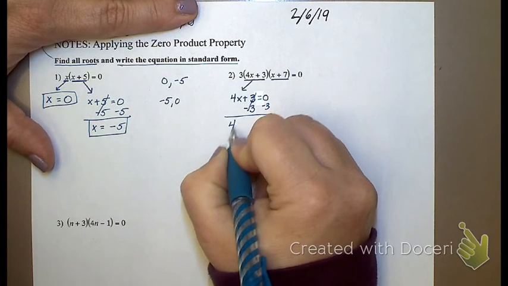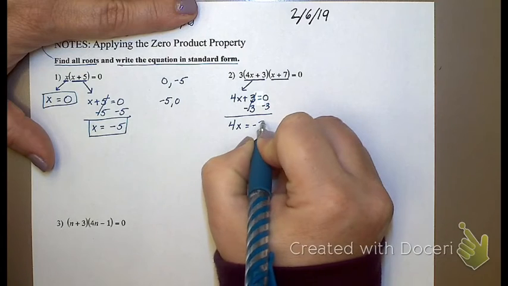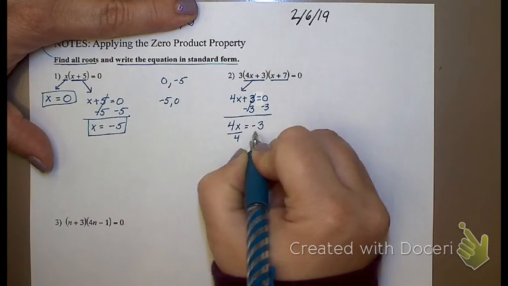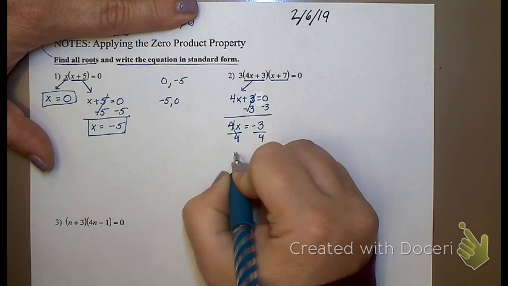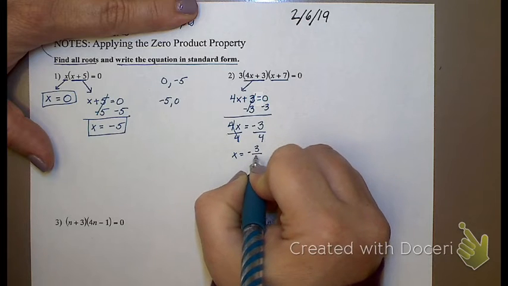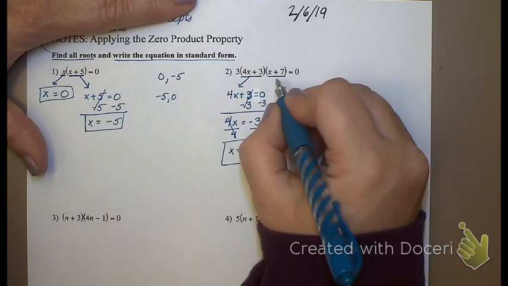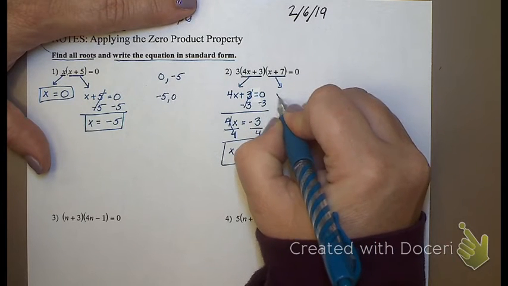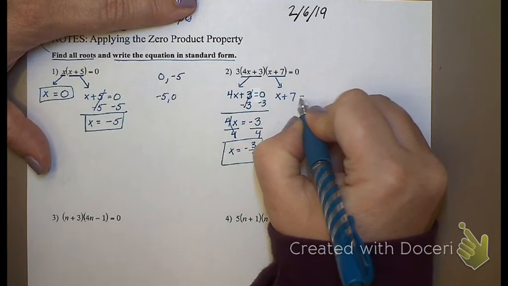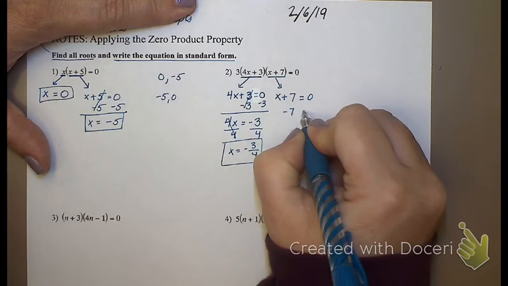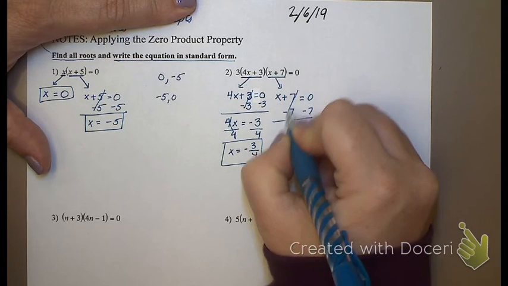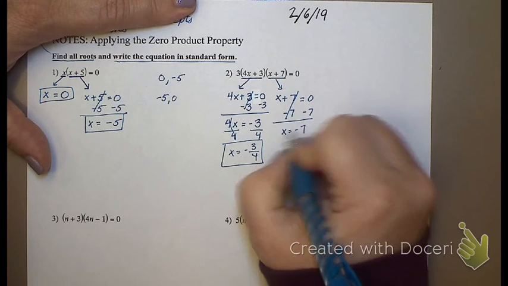That gives me 4x equals -3. Divide by 4, and x equals -3/4. Please leave it as a fraction. Do not go to decimal form. Then this guy, I would take x plus 7, set it equal to 0, do my solving by subtracting 7, and I get x equals -7.